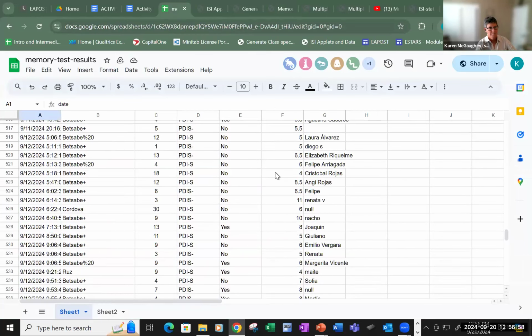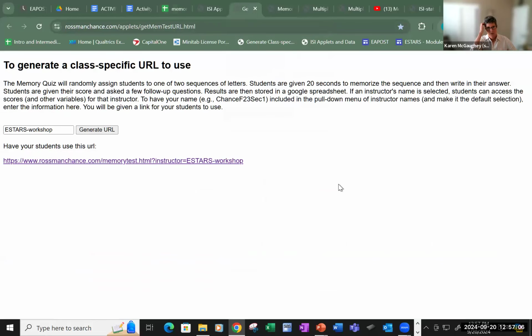And then the first link at the top of the PowerPoint page brings you to this landing page where you can generate a class-specific URL to use for your students. I just typed in eStars Workshop and then hit generate URL, and it gave me this link, which will be unique for your class.